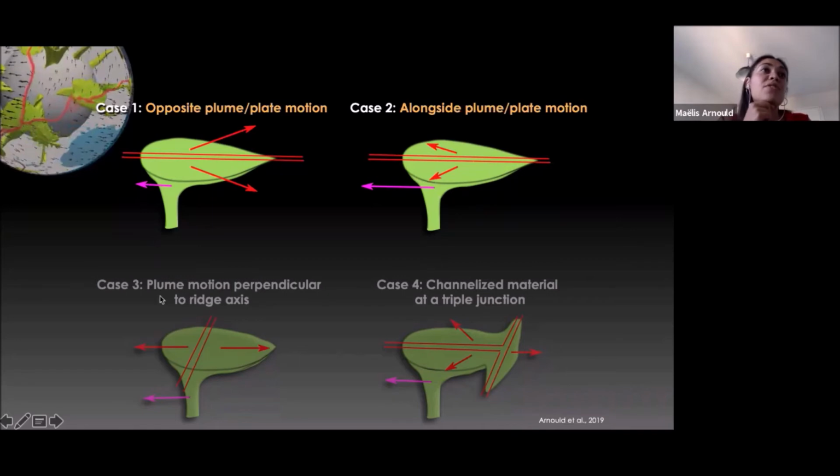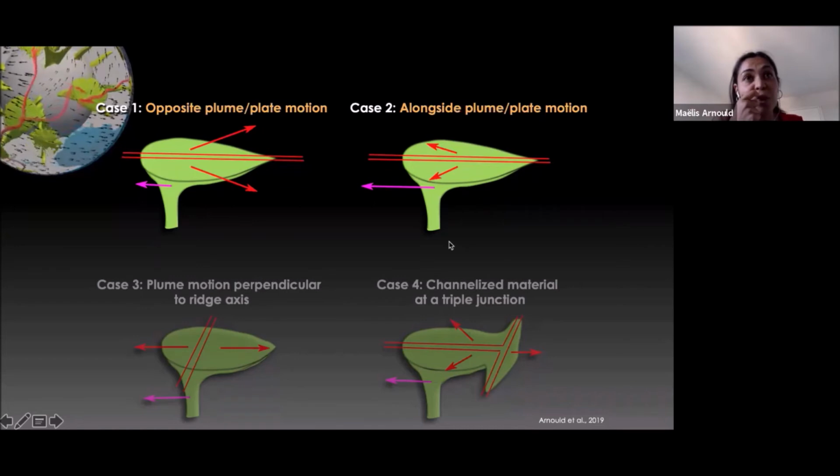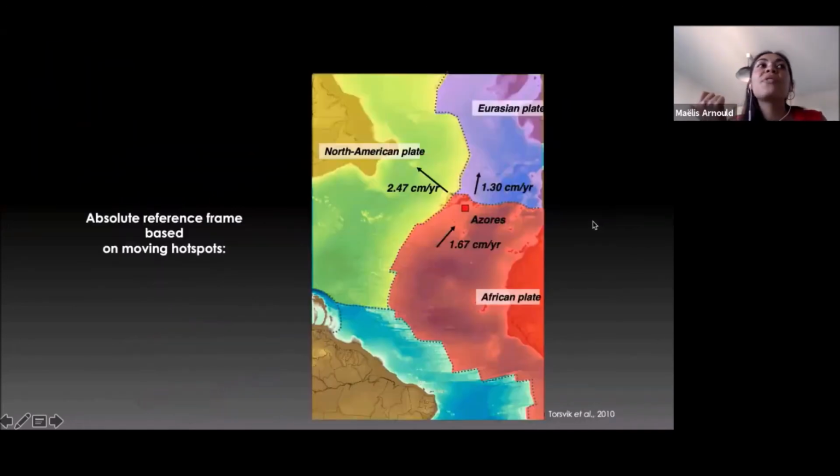And so from the study of the geometry of the thermal anomaly of the Azores and the surface plate motion, we can recover the absolute plume motion, because we can have an idea of what's happening at the surface. So if we look back at our geological setting, we use an absolute reference frame with a moving hotspot to infer the absolute plate motions in the vicinity of the Azores.